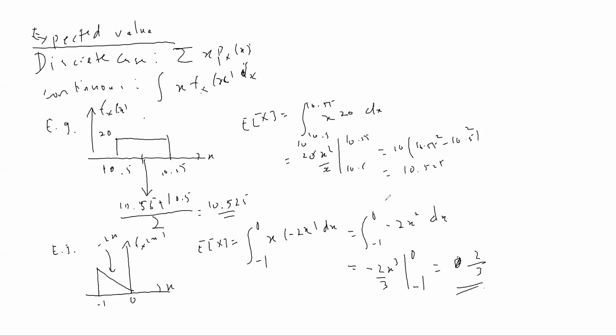Okay, 0 minus, yeah, I made a mistake here. Because it's 0 minus, yeah, negative 2 over 3, sorry. I made a mistake in my calculation. Because it's actually 0 minus 2 over 3, so it's minus 2 over 3. So minus 2 over 3 is closer to negative 1.